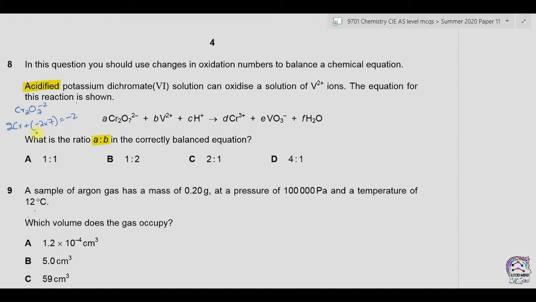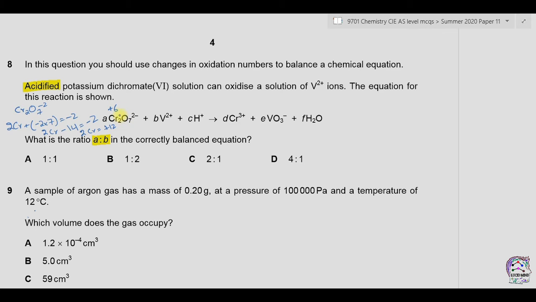So 2 chromium minus 14 is equal to -2, or you can say 2 chromium is equal to +12, and each chromium will be +6.